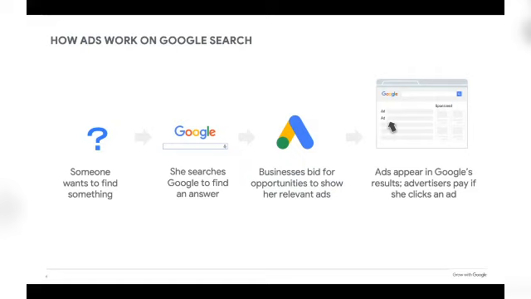Whether or not a particular ad is offered to that customer depends on how the ad was set up, including the ad's bid and the advertiser's budget. The bid is the maximum amount an advertiser will pay for a click on an ad. The amount of the bid and budget isn't the only factor that determines if an ad is shown to a particular searcher.